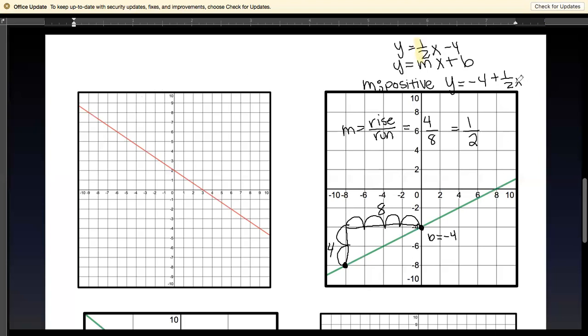Okay, go ahead and try that bottom left-hand graph on your own. Where it says graph it yourself, don't worry about that.